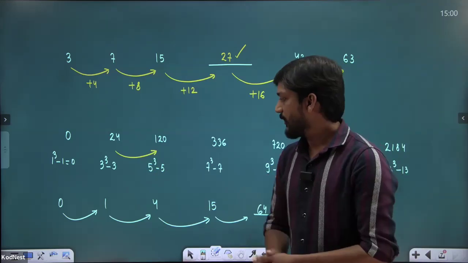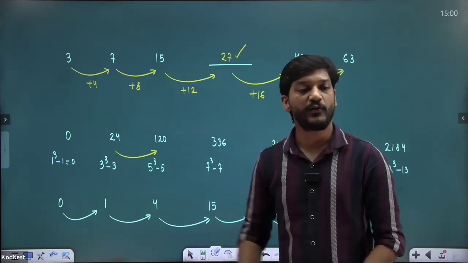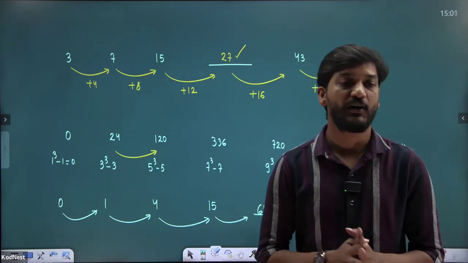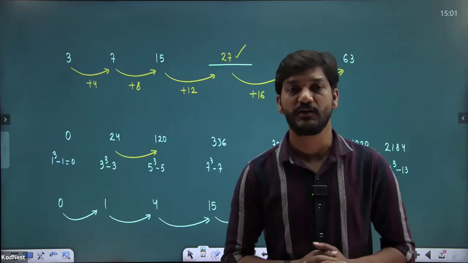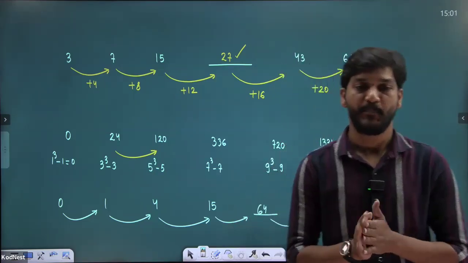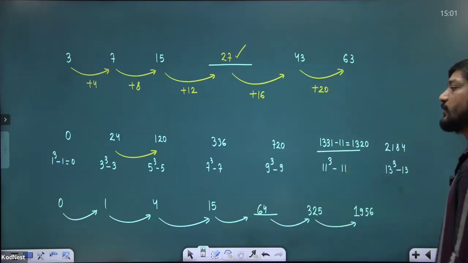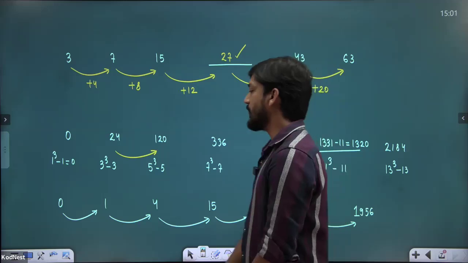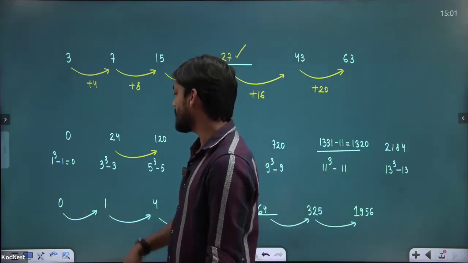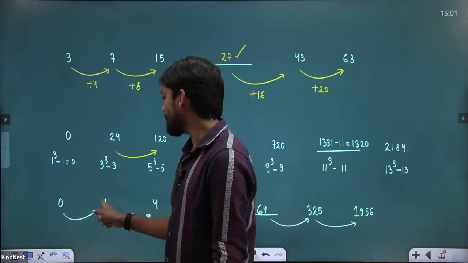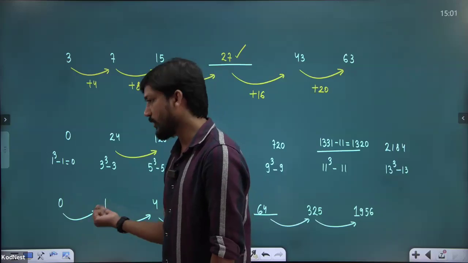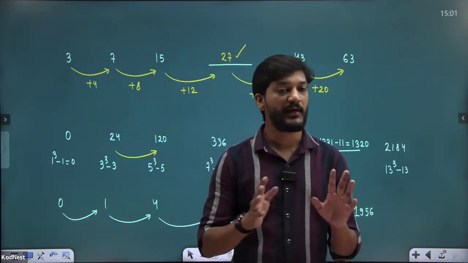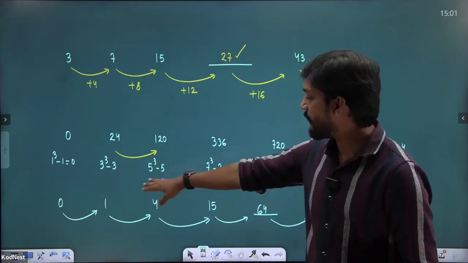If I don't start with 4, this 0 and 1 part, is it confusing or not? Carefully see. What will you think with 0 and 1? Somebody can say, sir, 0 into 5 plus 1. Somebody can say 0 into 2 plus 1. Somebody can say 0 into 1 plus 1. So many things will work out fine with this.